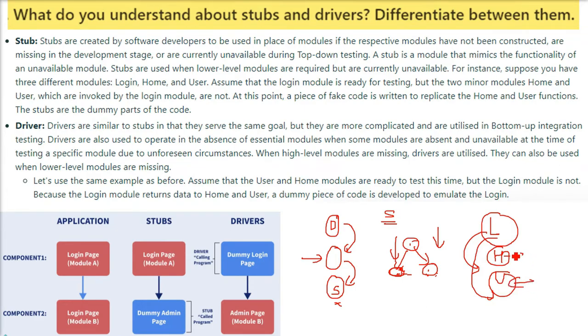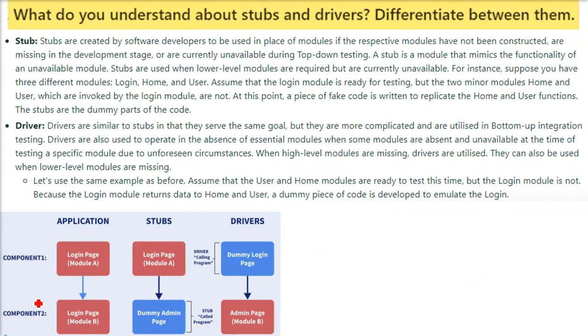So for home and user we'll just write a few lines of code that will emulate, mimic them, and once the testing is done, we will throw that code away. The driver and the stub code will eventually be thrown away. They are just written for testing.